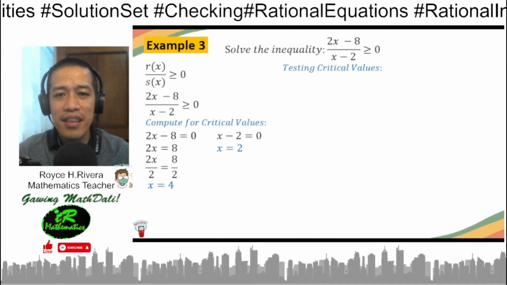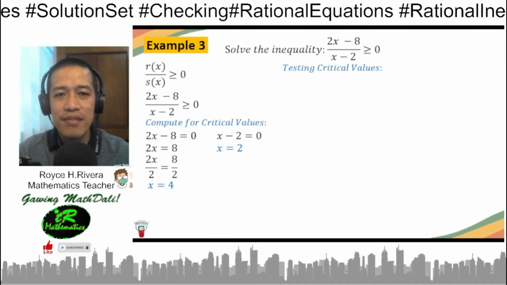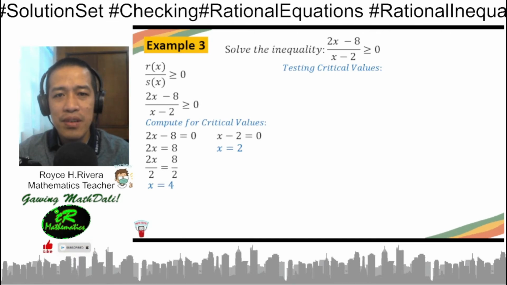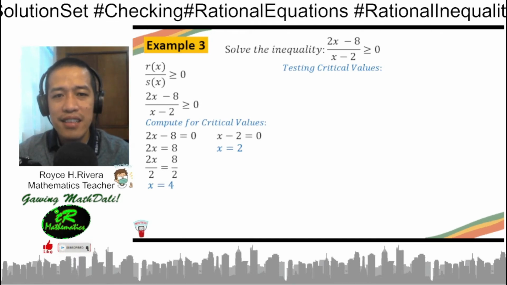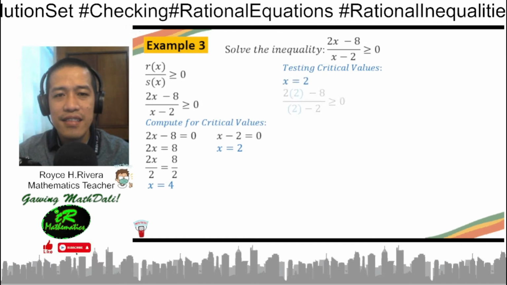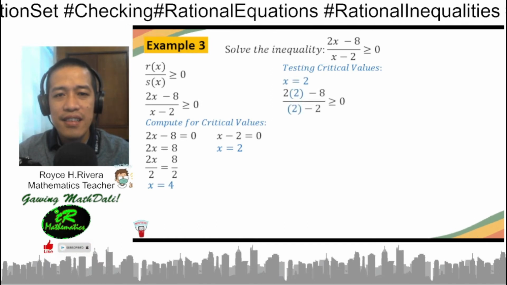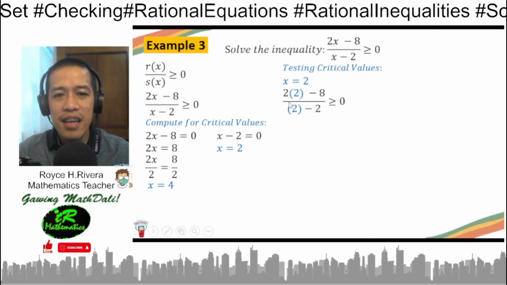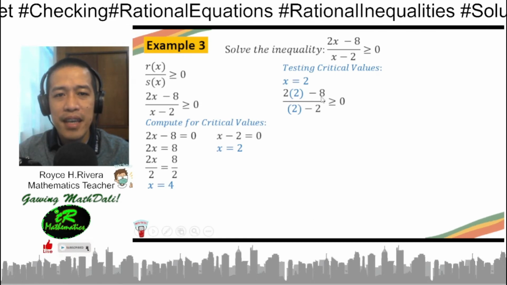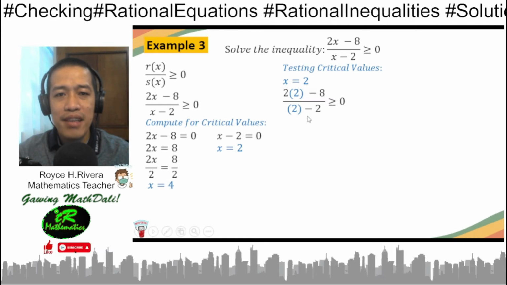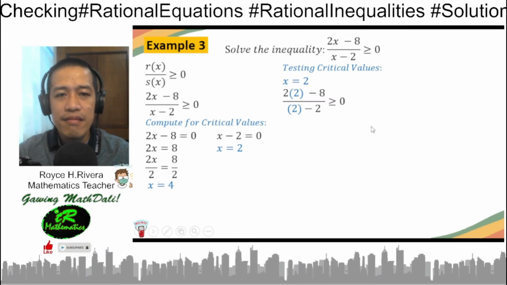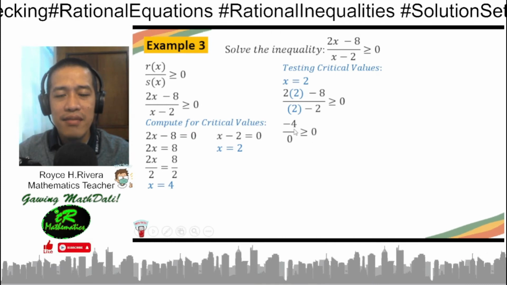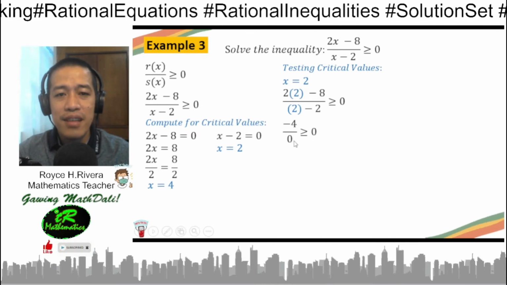Simulan natin with x equals 2. We substitute x equals 2 to the inequality. So we have 2 times 2 minus 8 all over 2 minus 2. We will get negative 4 over 0.